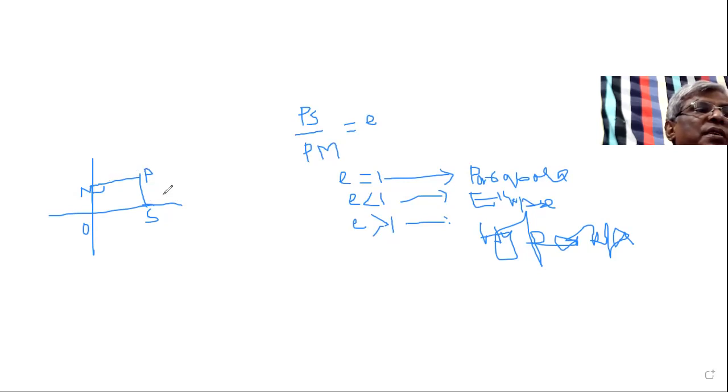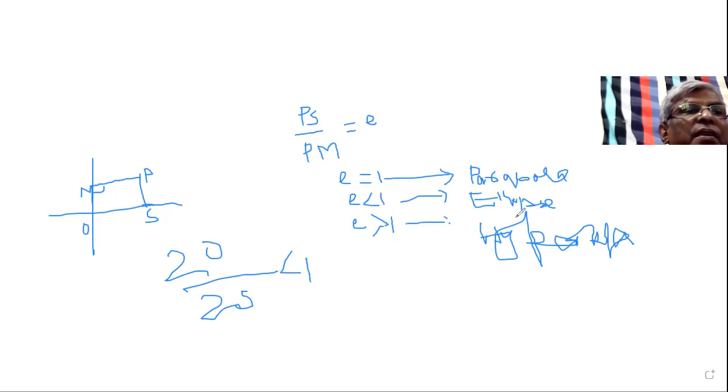If you divide 20 by 25, you get a value less than 1. In that case you are finding an ellipse.